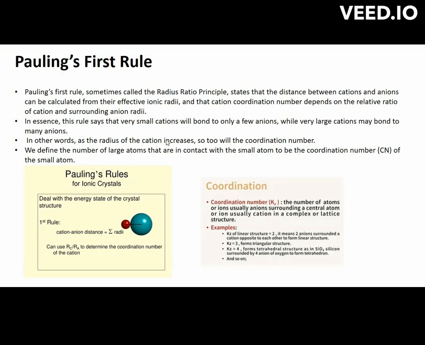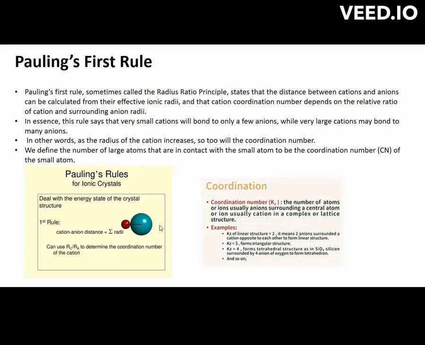So as the radius of the cation increases, so too will the coordination number. We define the number of large atoms that are in contact with the small atom to be the coordination number, the number of these bigger spheres surrounding the cation.